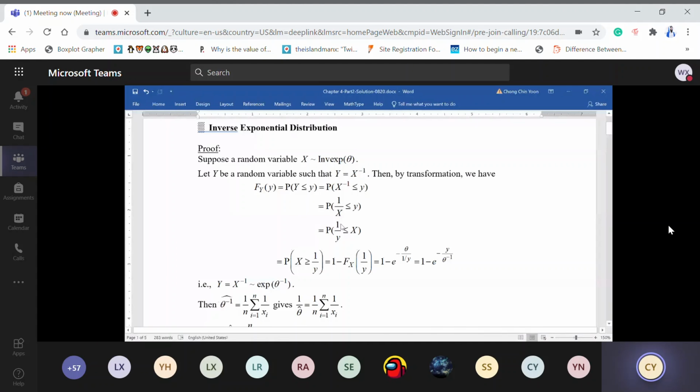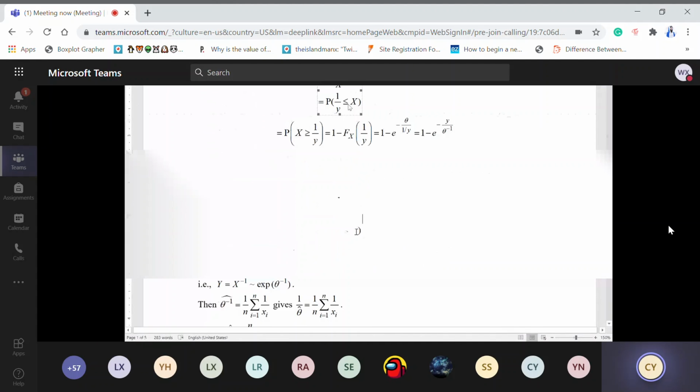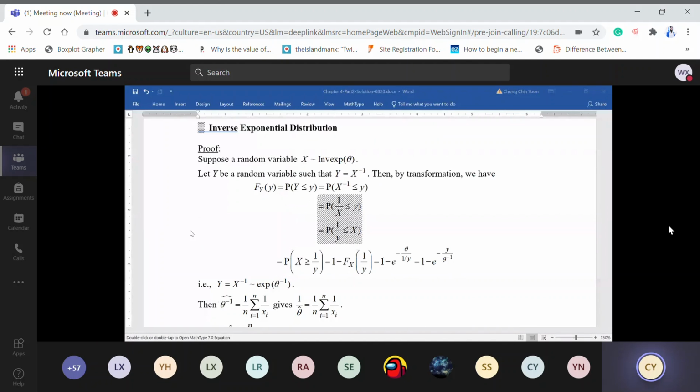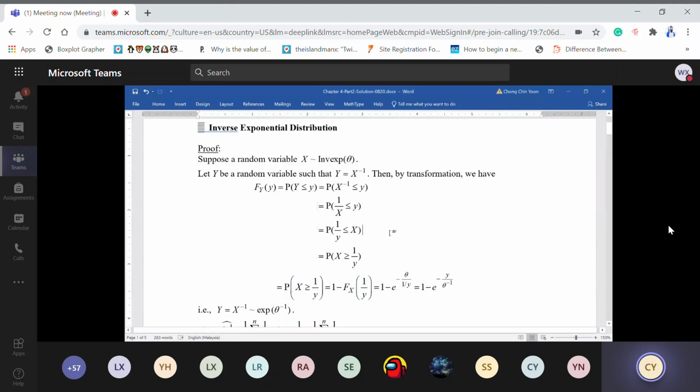The inequality does not change as well. All right. So in fact, this is equal to this. Okay, so if I move to the next step, so you will have... okay, so look at here.